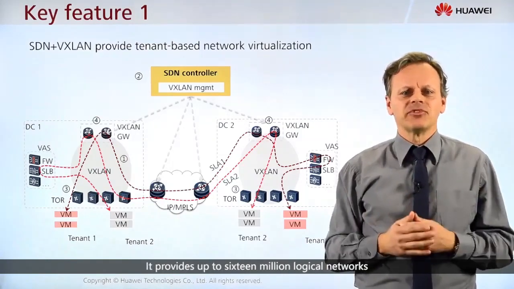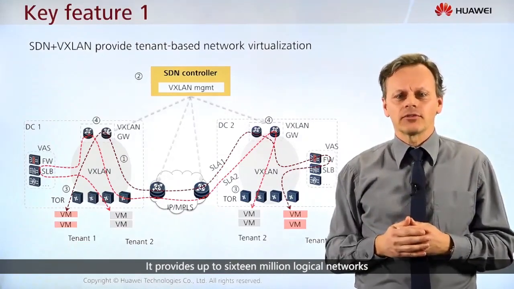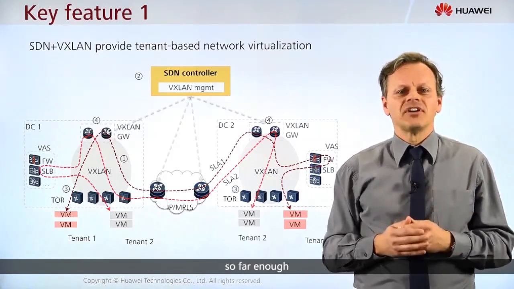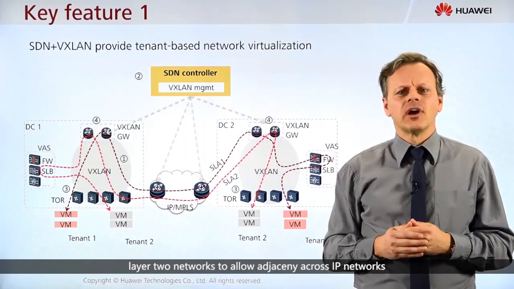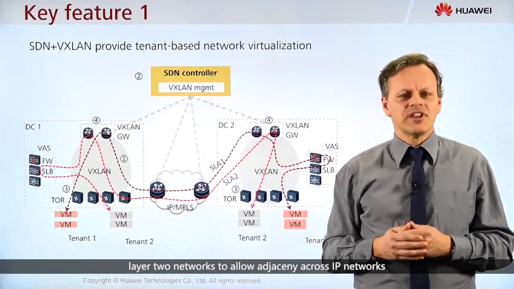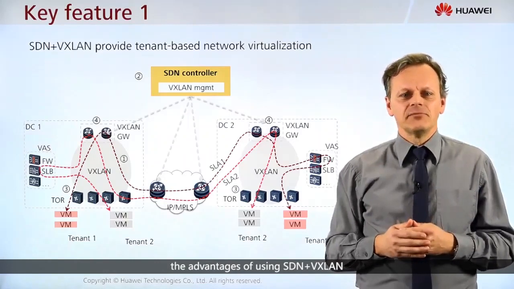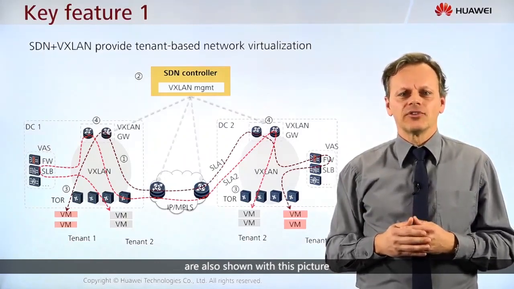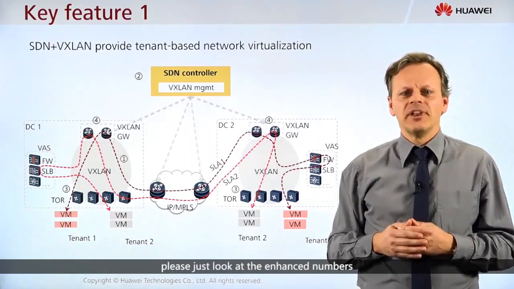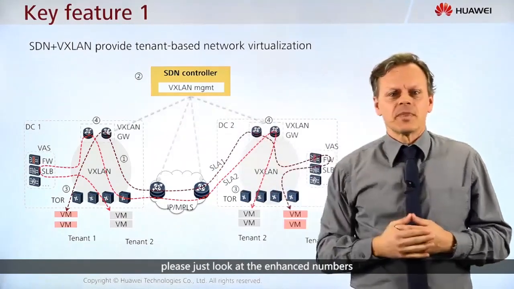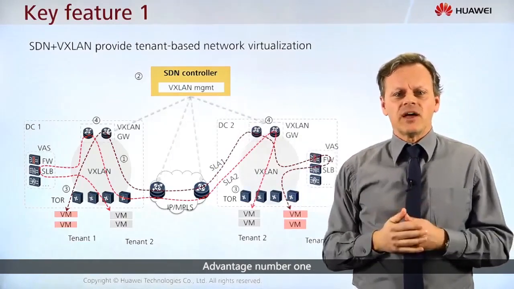It provides up to 16 million logical networks by 24 bits, so far enough layer 2 networks to allow adjacency across IP networks. The advantages of using SDN plus VXLAN are also shown with this picture. Please just look at the enhanced numbers. Advantage number 1.